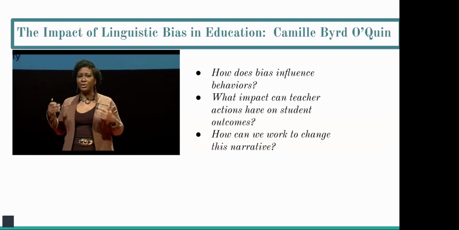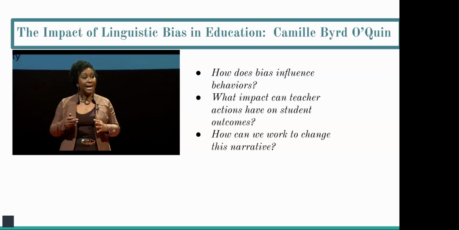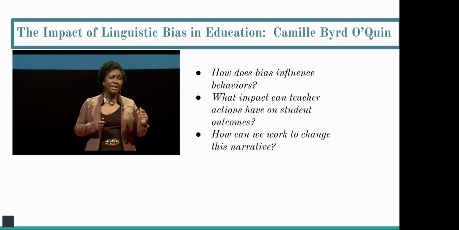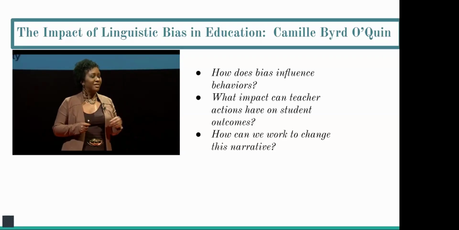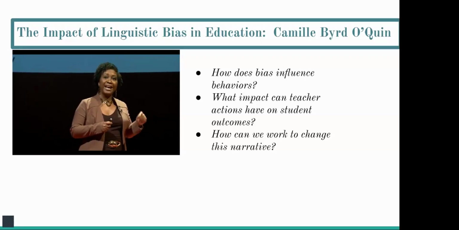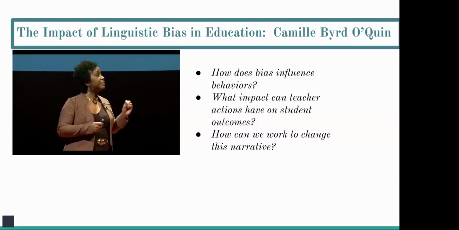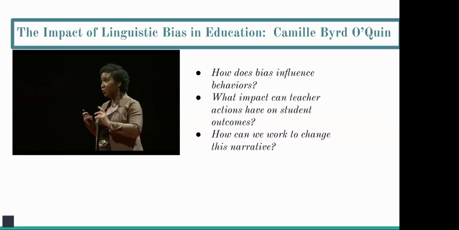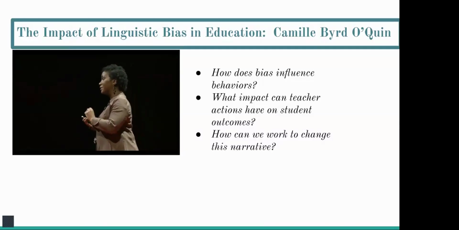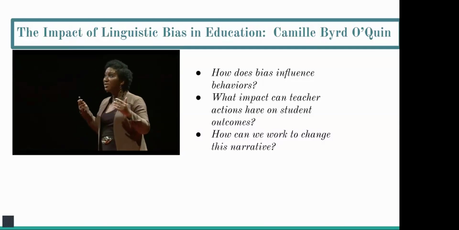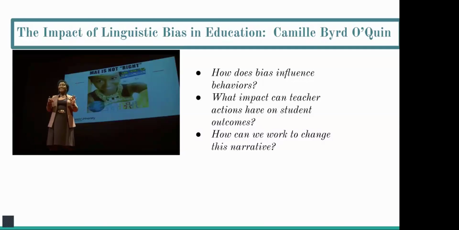And I started to do some research on this because it became really fascinating to me. And I learned that Black students in America are 2.5 times more likely to receive special education services, mostly for learning disabilities or speech language services or behavioral disorder. 2.5 times more likely than white students to receive special education services.